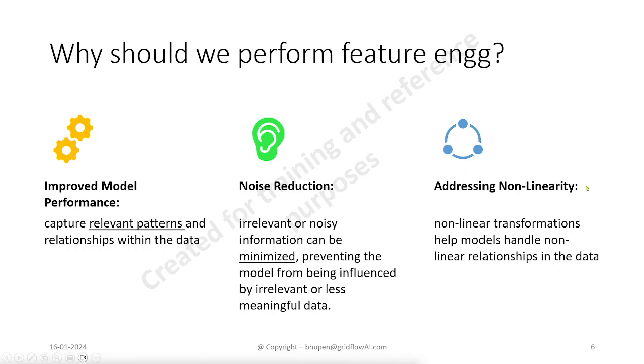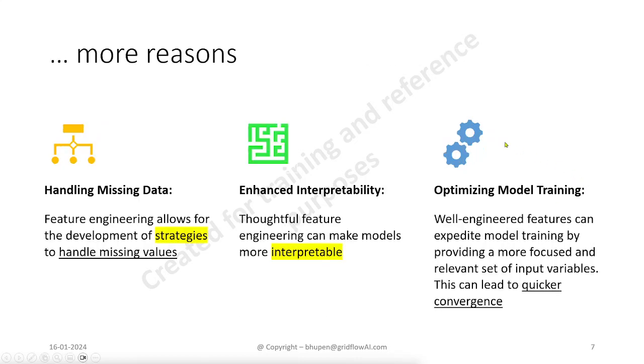We apply feature engineering. Some more reasons: handling missing data. If in the column some of the values are missing, then we perform feature engineering. It's essentially strategies. Missing data is not a trivial job. So we need to figure out what strategy really makes meaningful sense to fill up those missing values.